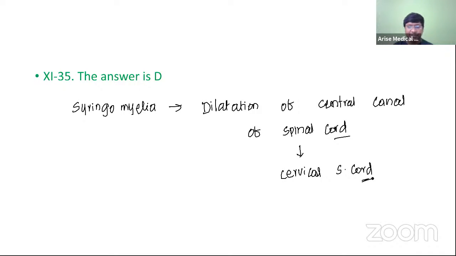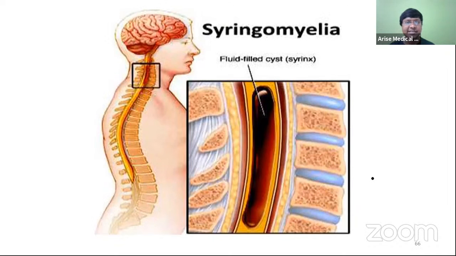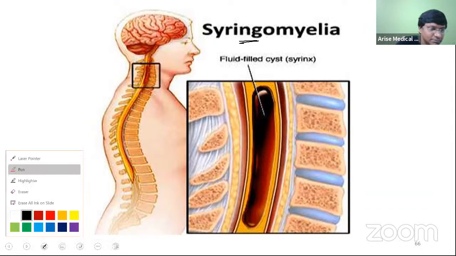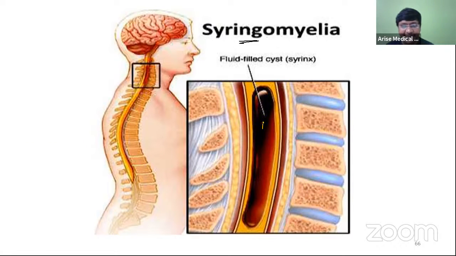Now let me show you the image also. So this is the image of Syringomyelia. The central canal of the spinal cord is completely dilated. How is it dilated? It is dilated by a fluid filled cyst.